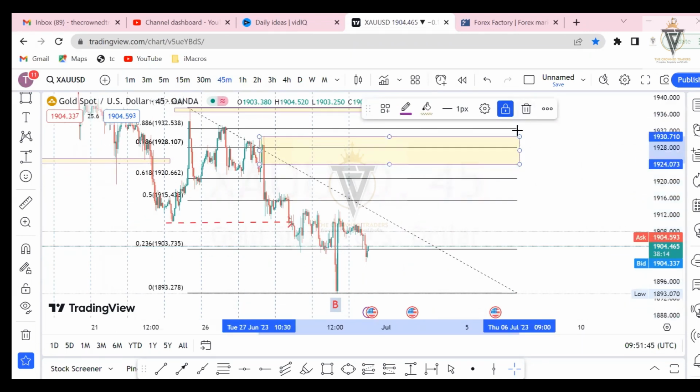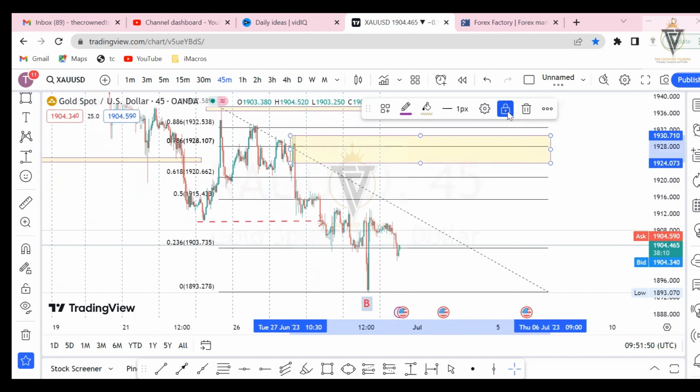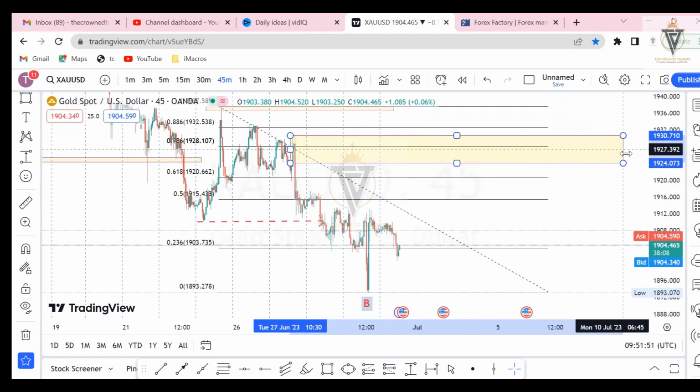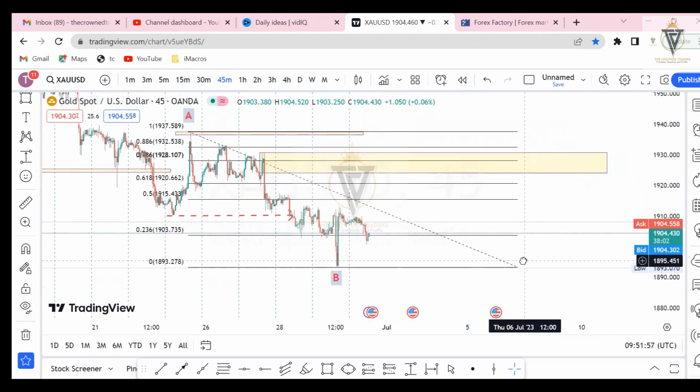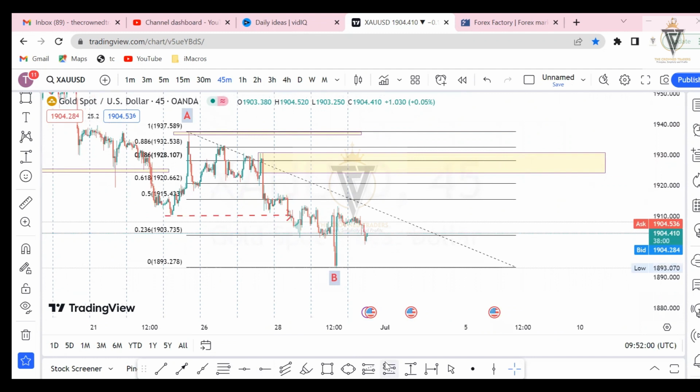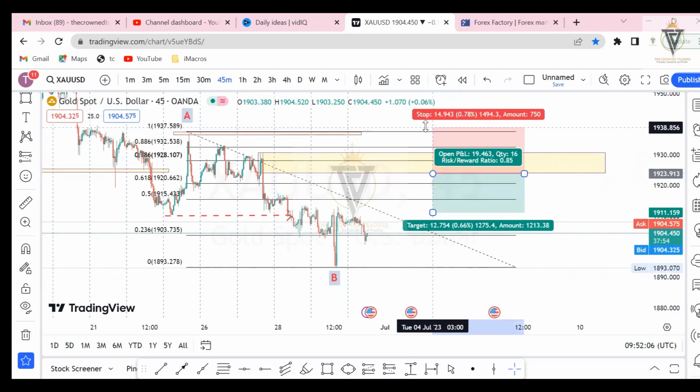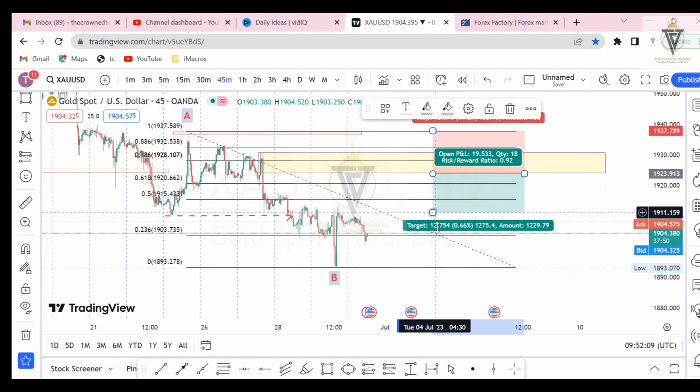I'm waiting to see that gold comes and takes some orders on M45, just like EU did. So gold is coming here, and I'll be placing my pending order, waiting for gold there.